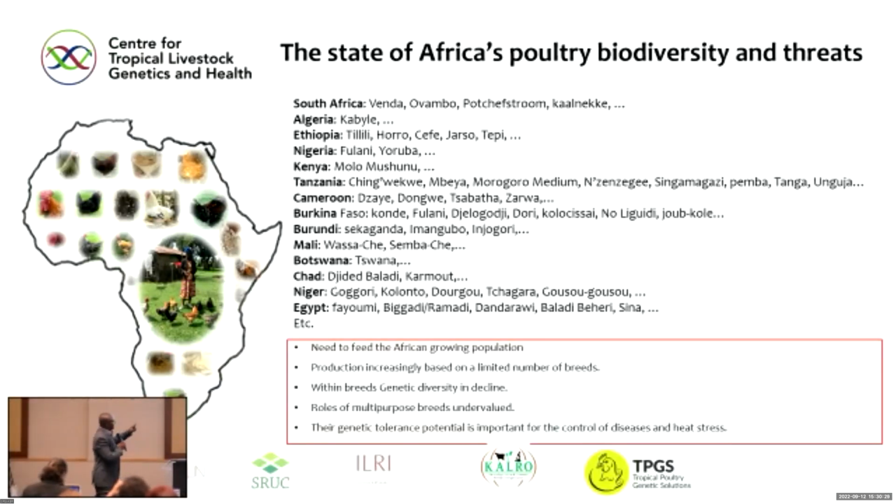And that's why in different countries, we may have what we are commonly calling local chickens having different names. Of course, populations are giving different names according to the performance, the traits, the phenotype they are observing, and also according to the value they are giving to these animals.